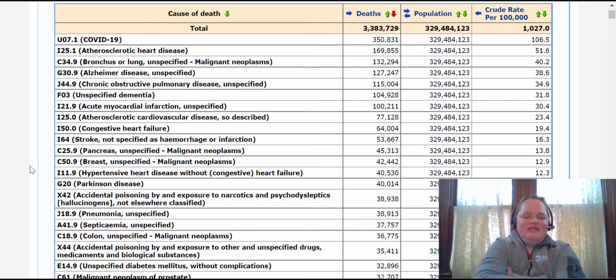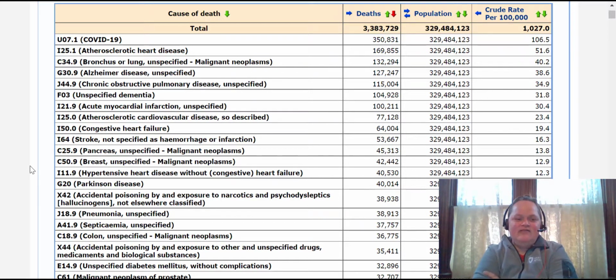So you'll notice U07.1 is COVID-19. And when I sort it this way, it's at the top of the list. And you may be wondering, hey, wait a second. I thought that COVID was number 3 in 2020, and it is. And that's because we use the rankable list, which I will show you in a moment.